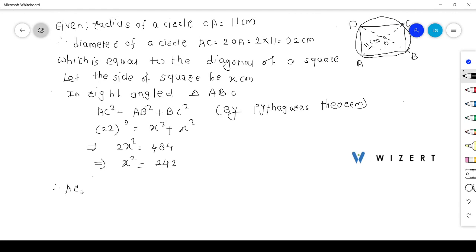Therefore, area of square, that is x square equals 242 square centimeters. So our correct option is option C.